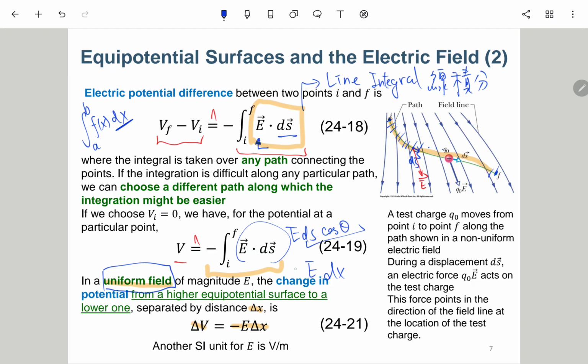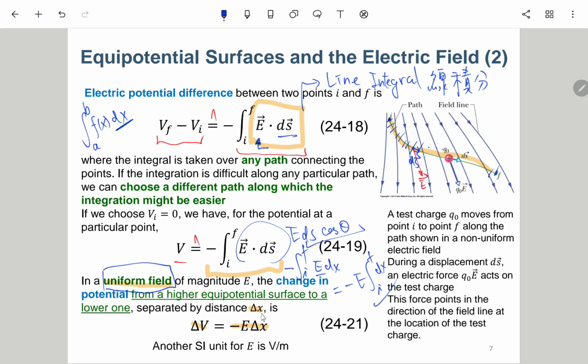So it turns out to be a negative integration from I to F, E times dx, and in such a way E is a constant, so we put it out, so it turns out to be negative E integration of dx from I to F, and then this one will be the length of that path. So finally, it turns out to be a multiplication. Okay, so this is another case that we try to integrate a constant so that this integration is nothing but a multiplication.